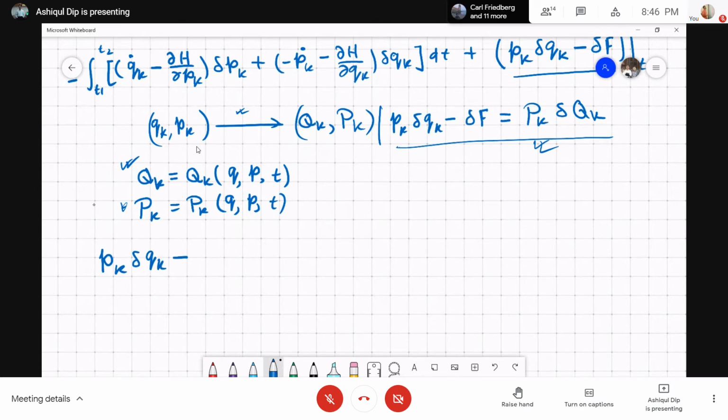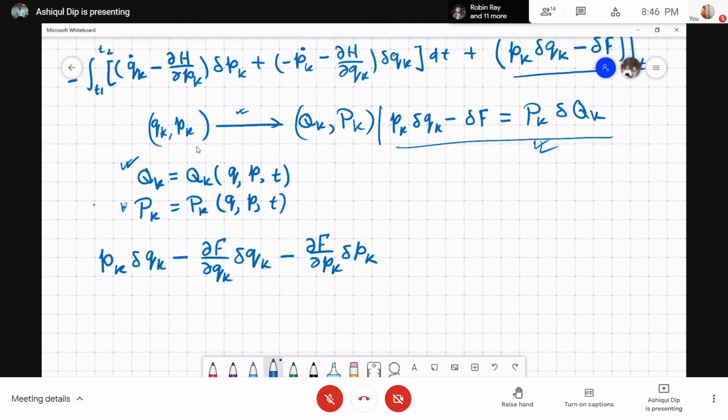How do I write that? So that is basically delta f over delta q_k, variation q_k, and then minus delta f by delta p_k, variation p_k.